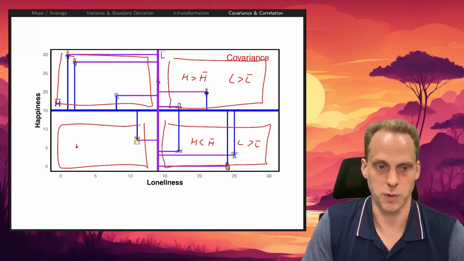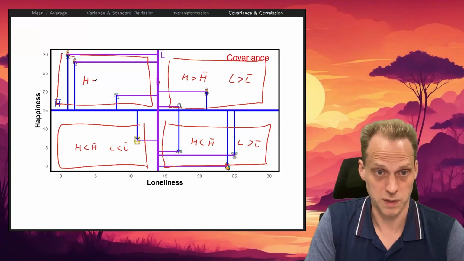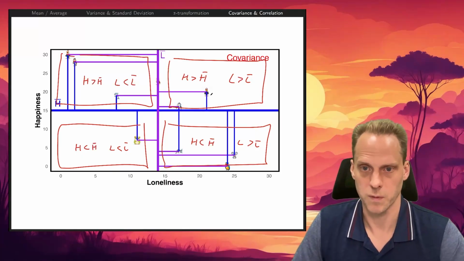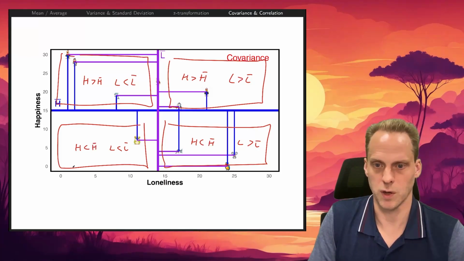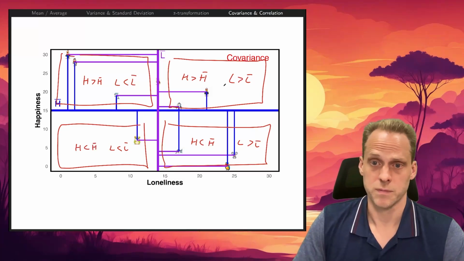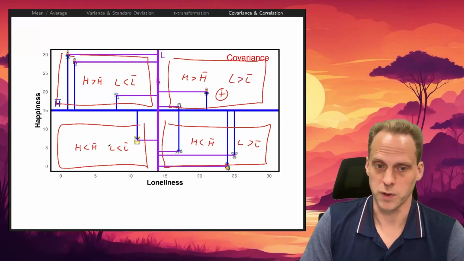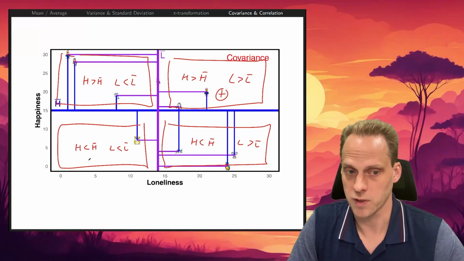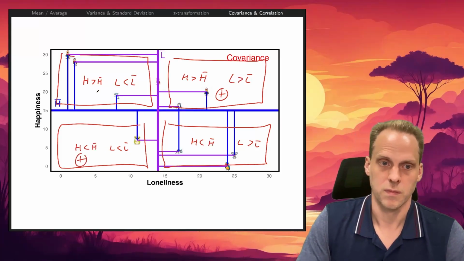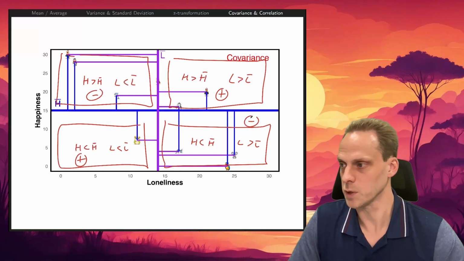In this quadrant, they're both below the mean. And in this quadrant, happiness is above the mean and loneliness is below the mean. Correct? So if you multiply these deviances, here they're both positive, so we get a positive number. And here they're both negative. If you multiply a negative number with another negative number, you get a positive number. And here, one is negative, one is positive, so you get a negative number.